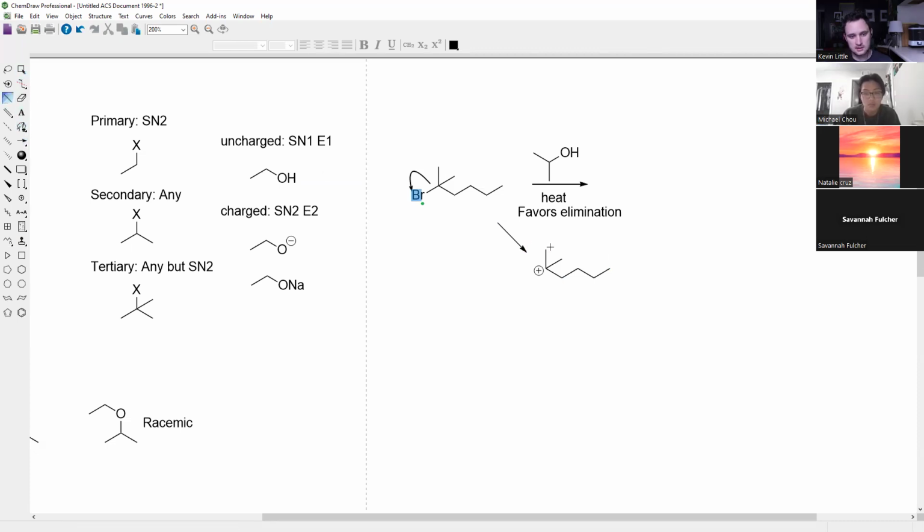I can either take a hydrogen off this carbon, a hydrogen off this carbon, or a hydrogen off this carbon. Which one am I going to take? The last carbon. Why? Because it's secondary, it's the most stable. It's going to form the most stable alkene, the most stable double bond. That would just be a disubstituted double bond, same with this. So I'm going to take this one and we're going to form this.